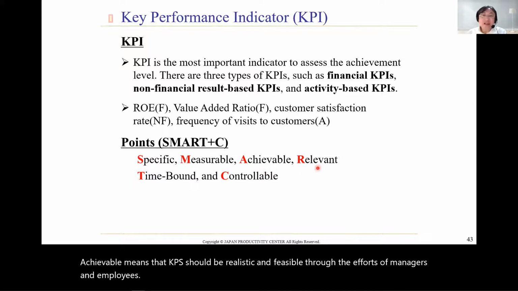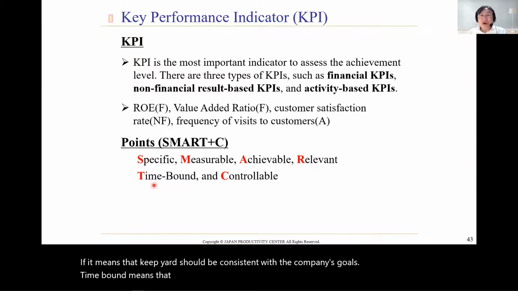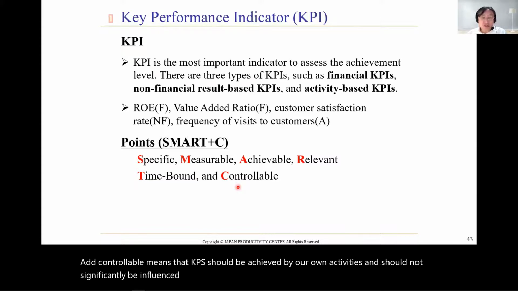Relevant means that KPIs should be consistent with the company's goals. Time-bound means that KPIs should be measured over an appropriate time span. And controllable means that KPIs should be achieved by our own activities and should not significantly be influenced by external conditions.